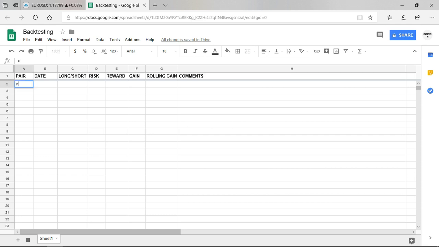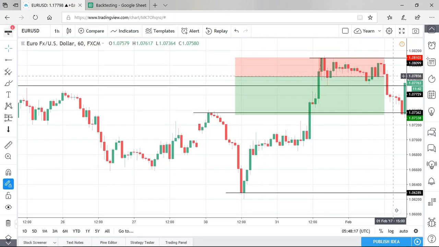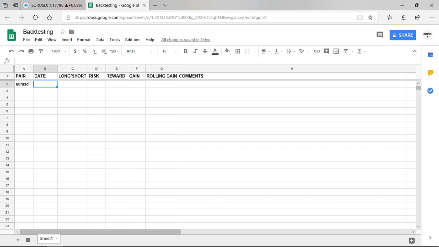So the currency pair was Euro USD, and the date was the 1st of February 2017 at 12 p.m. The trade was short. The amount that I risked was 1 to make a gain of 2, and the gain that I made was 2, and my rolling gain is 2.